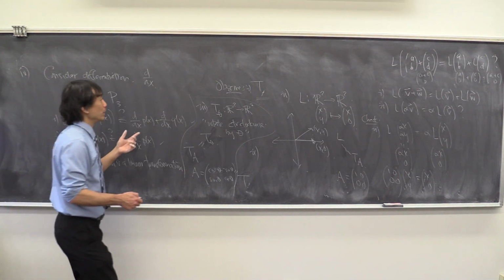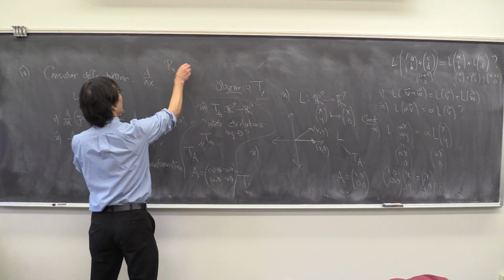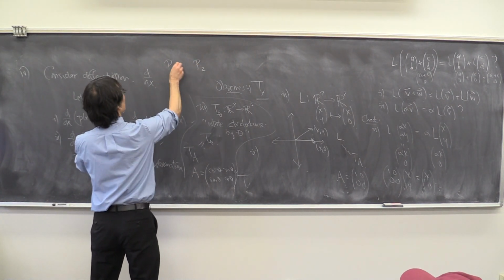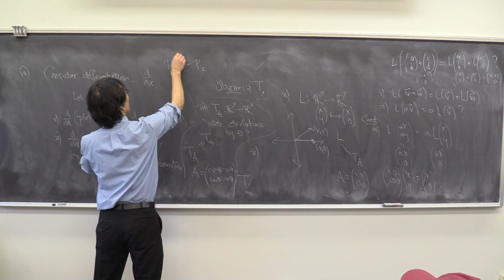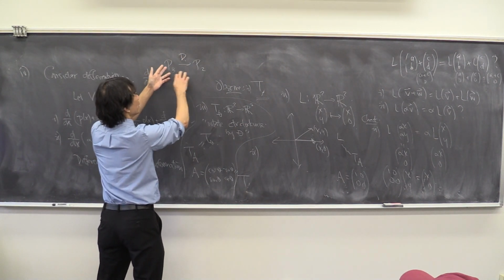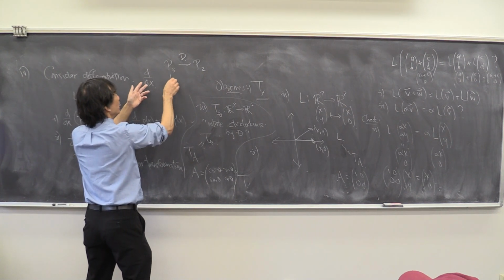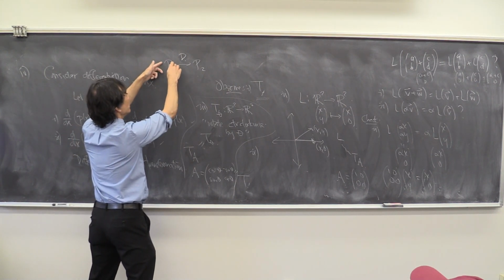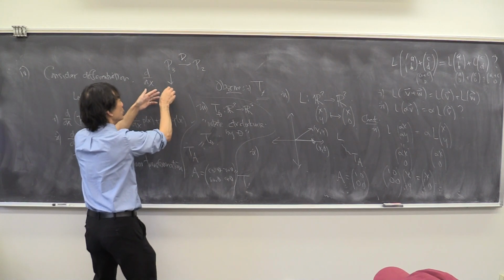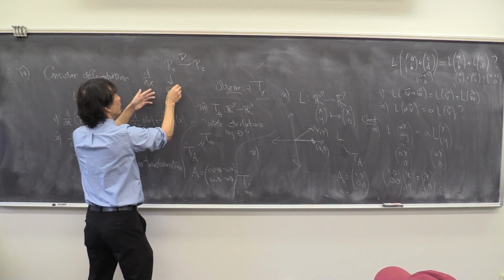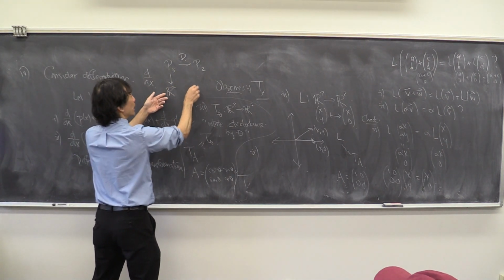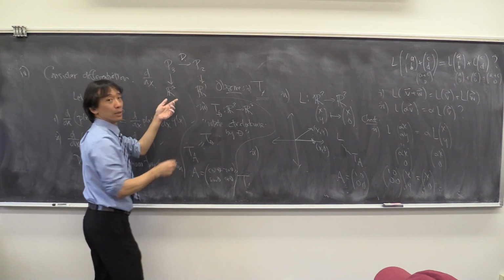Differentiation goes from order 2 polynomials to order 1 polynomials. What we're going to see is that every vector space can be made identical with a corresponding Euclidean space.